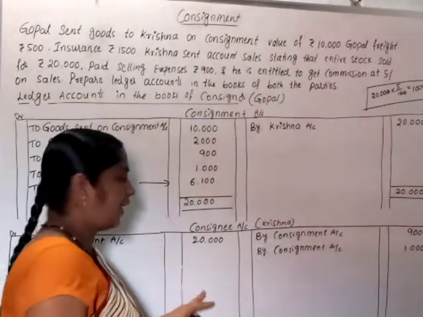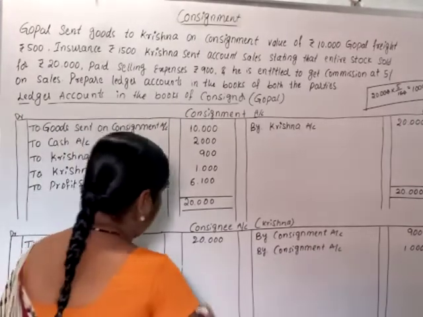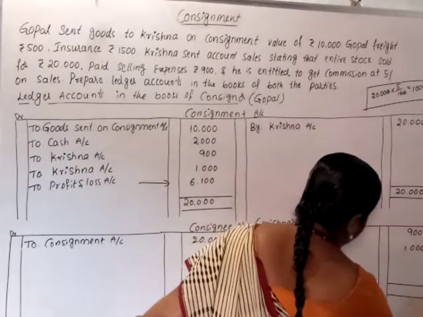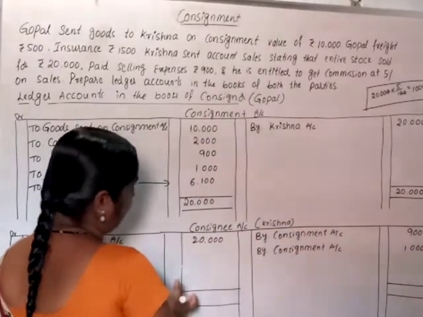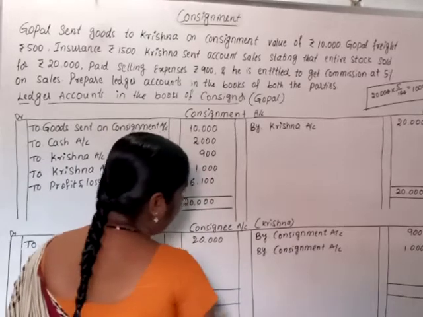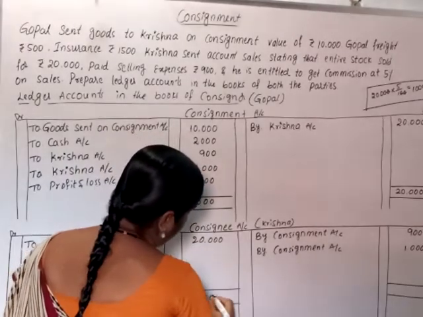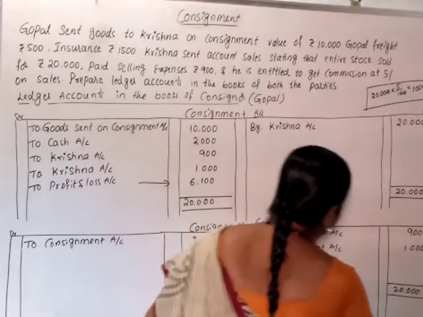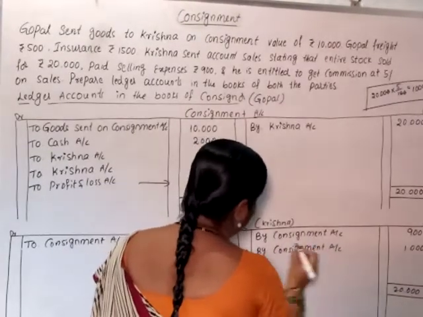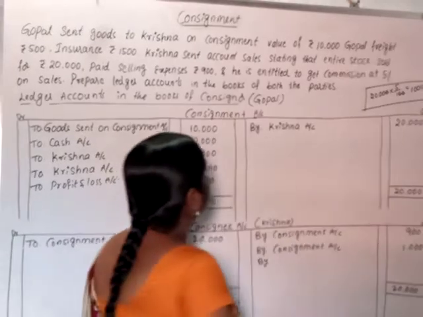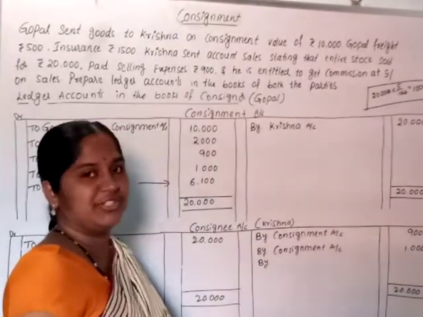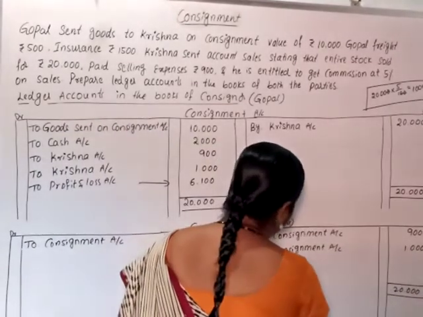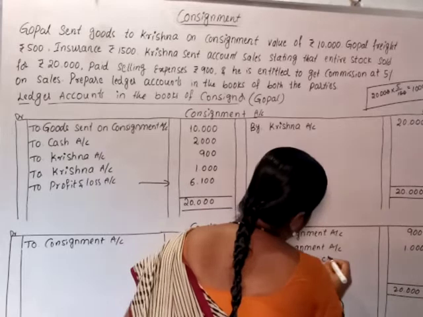And similarly find out the balance of the consignee. So which side is more here? 20,000 only, and that side is only 1,900. So the debit side is more, 20,000. So write here 20,000. And here write down by. Here in this problem the remaining amount sent by bank draft is not mentioned. That's why I am finding the balance carried down amount. So write here by balance carried down.